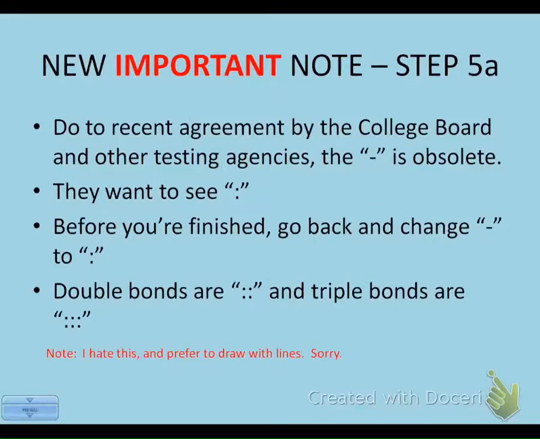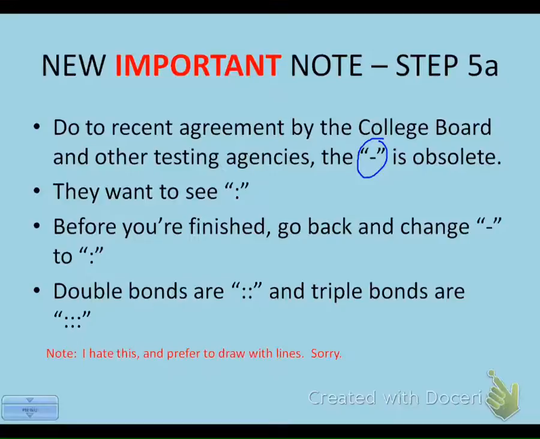Now I have one important note. This is new. Was new for me. Other teachers have been teaching this all along. However, the AP exam last year, in the 2013-14 school year, decided that the correct answer for Lewis structures would no longer accept the line to represent shared pairs.